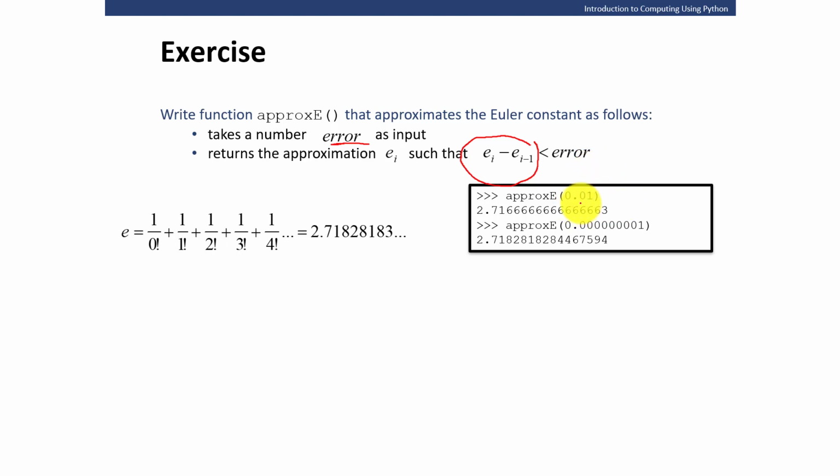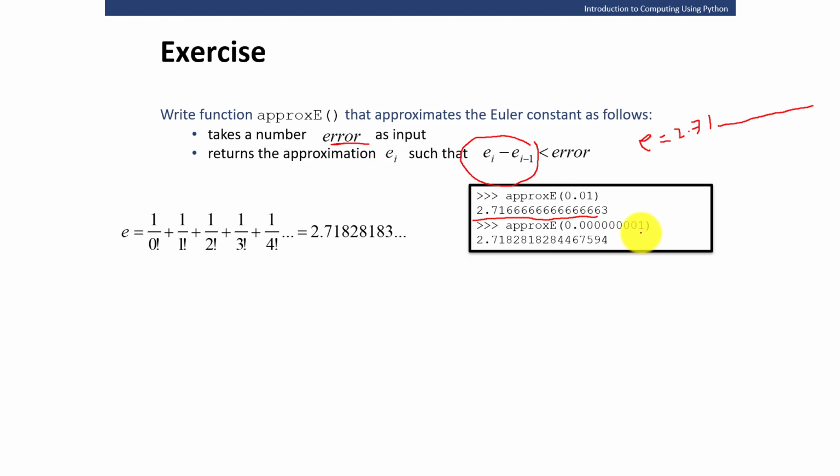If I provide an error rate of 0.01, as we know e is equal to 2.7, but after that we don't know exactly the following digits. Here is what should be the output of the approximate function.